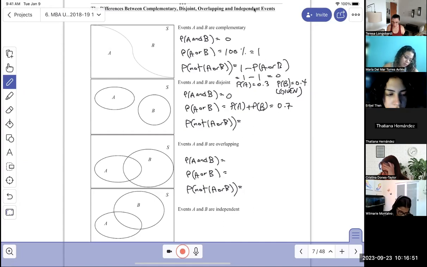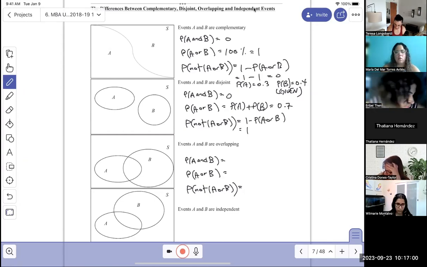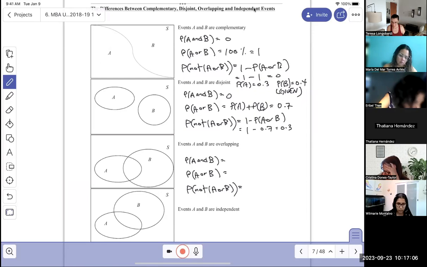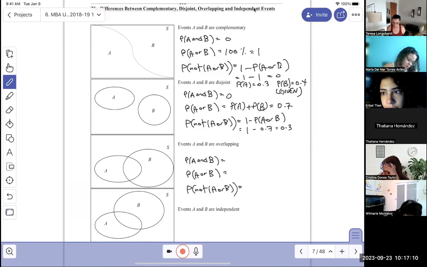And what about not? Not is always 1 minus A or B, or whatever is in there in the not. And I already know that is 0.7. So this is 0.3. So those are good. We're covered.